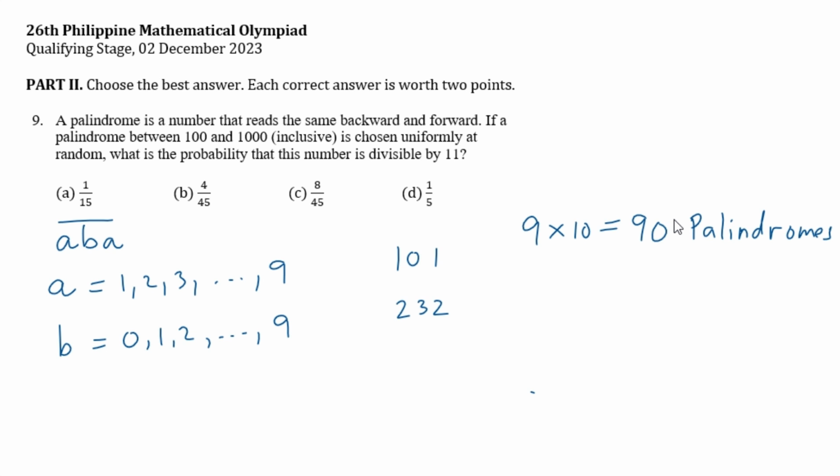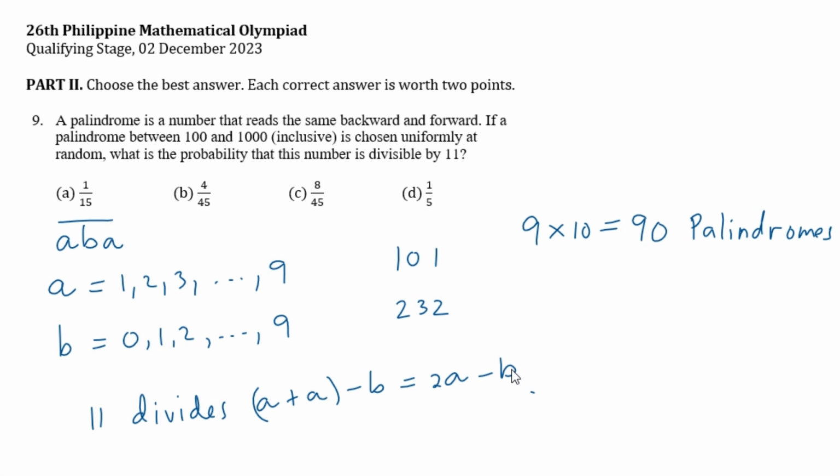By the divisibility rule for 11, the number ABA is divisible by 11 if 11 divides A plus A minus B, or equivalently 2A minus B. Right?